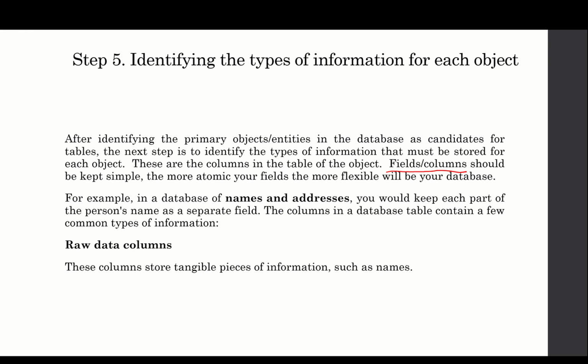For example, in a database of name and address, you would keep each part of a person's name in a separate field, then address in another separate field. So here we need to identify the raw data columns. These columns store a tangible piece of information such as name, address, age. So we call this raw data column.